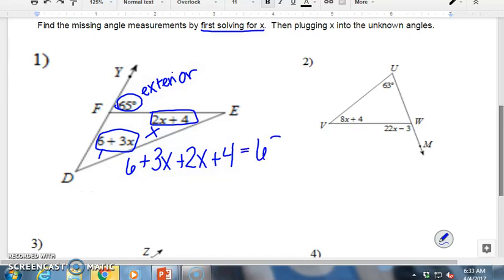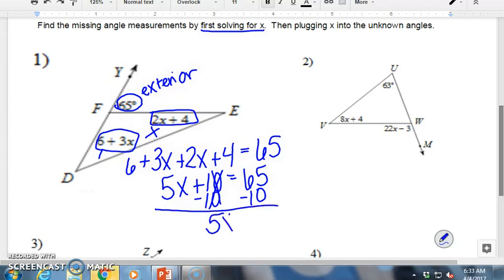It's going to equal the exterior angle, so that I can solve for x. So I get 5x plus 10 when I combine my like terms. And then I just need to solve the two-step equation. So I get 5x equals 55. Divide by 5. I get x equals 11.